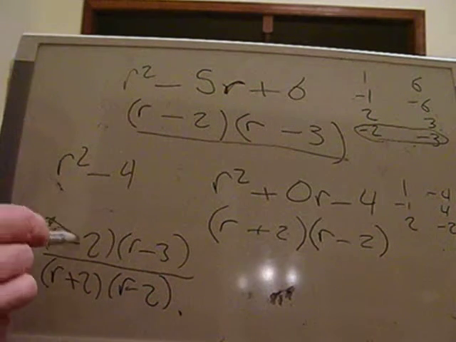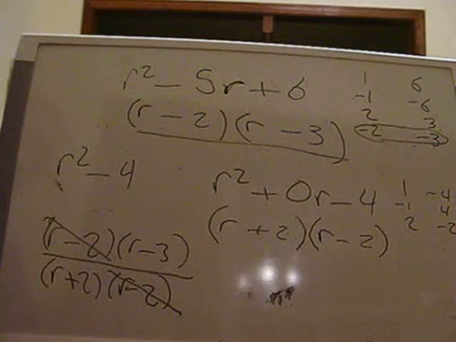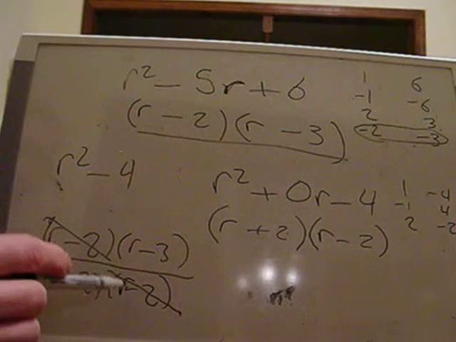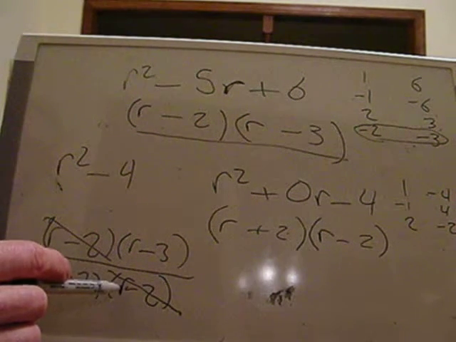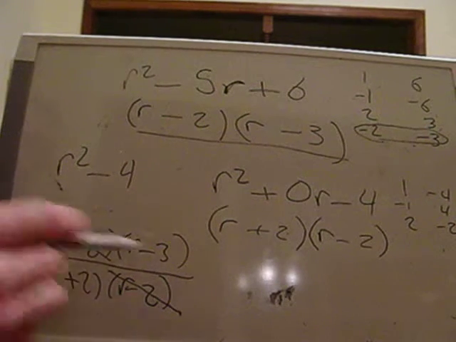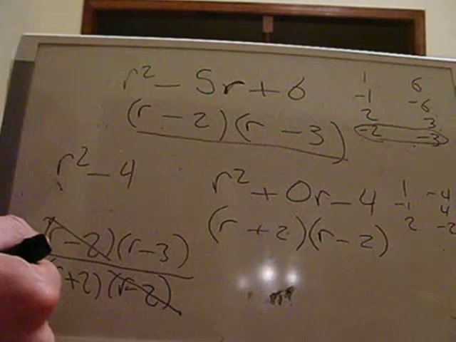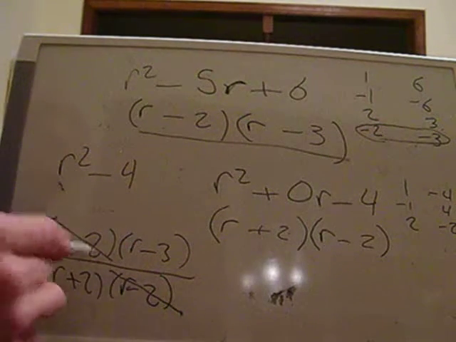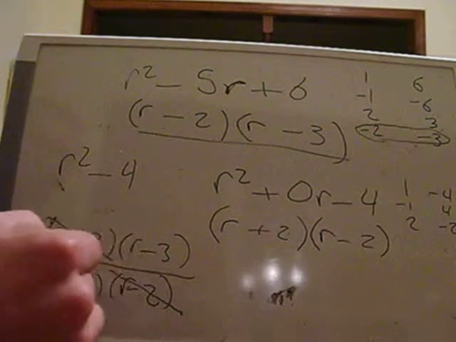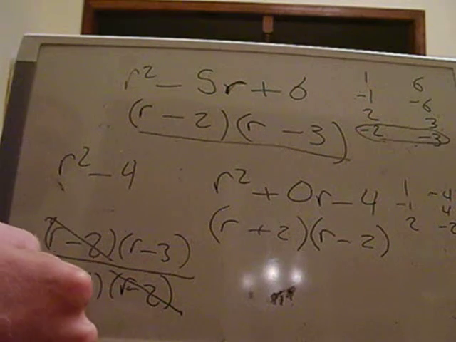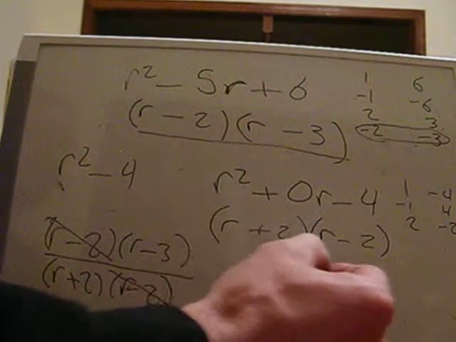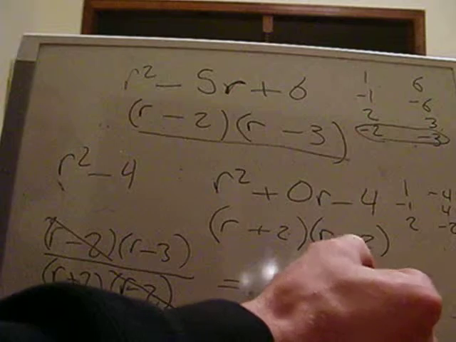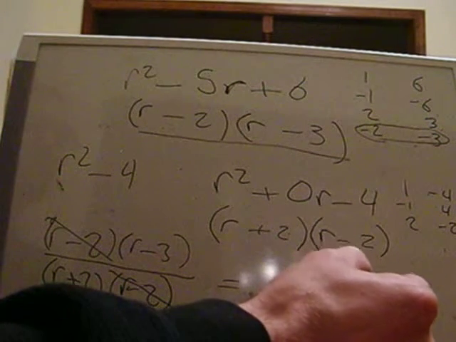We have an r minus 2 here and an r minus 2 here. They cancel out because anything divided by itself is 1. So essentially you just have 1 times whatever's left, and multiplying by 1 doesn't change anything. So when the r minus 2's cancel out, we're left with r minus 3 divided by r plus 2, which should be your final answer. R minus 3 divided by r plus 2.